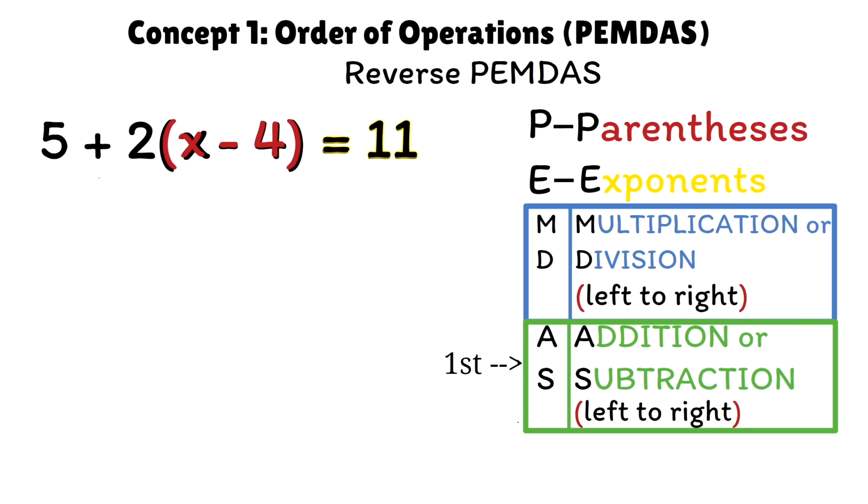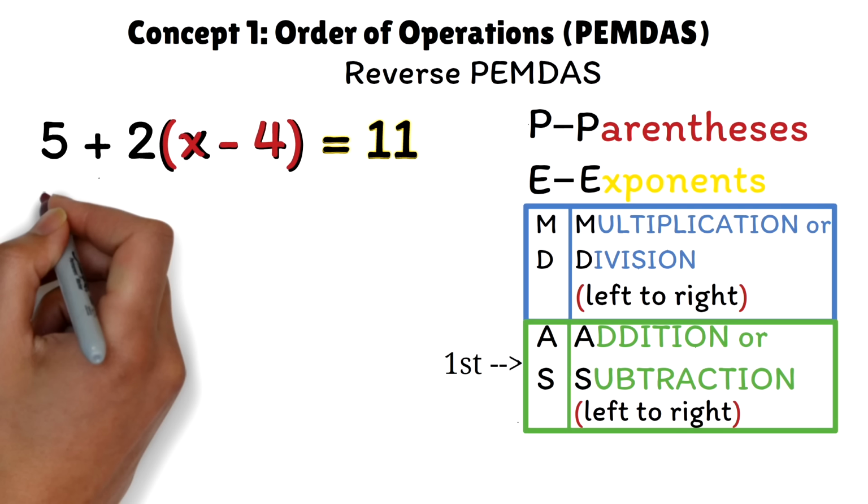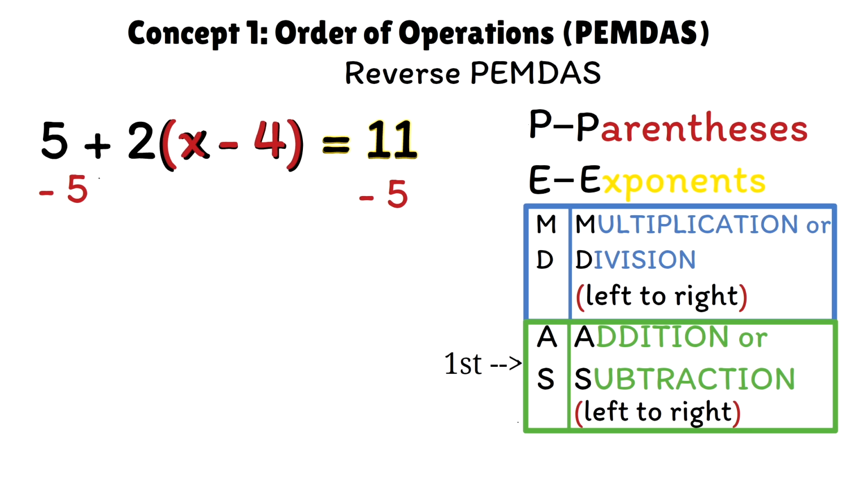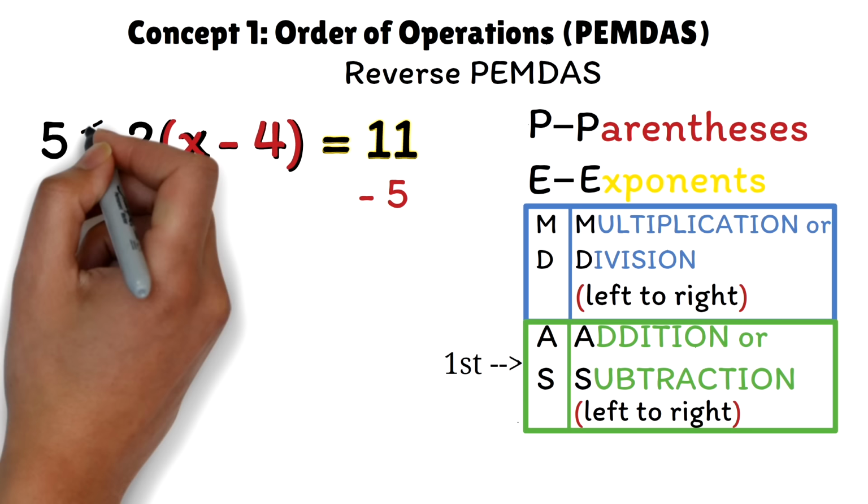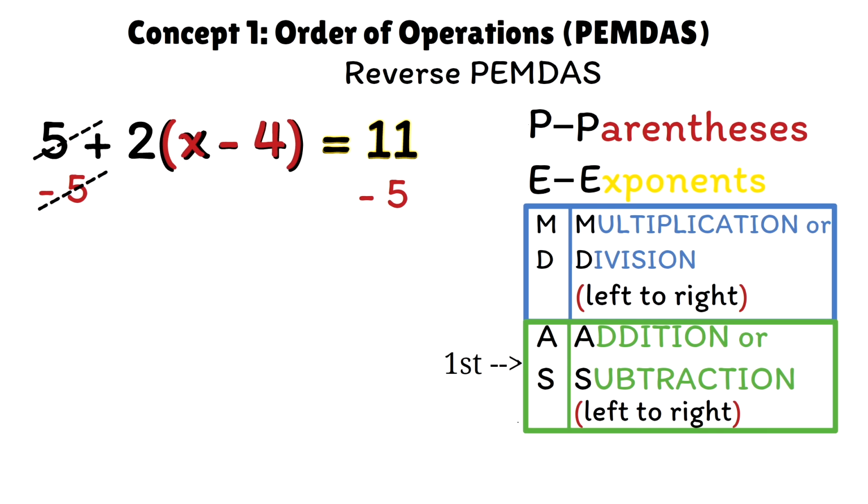Opposite of addition is subtraction, so we will subtract 5 from both sides of the equation. The 5 will cancel out. Once we perform the opposite operations, they just cancel out. And 11 minus 5 is 6. So we have 2 times, in parenthesis, x minus 4 equals 6.